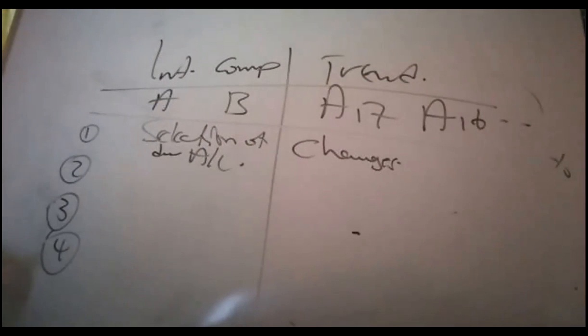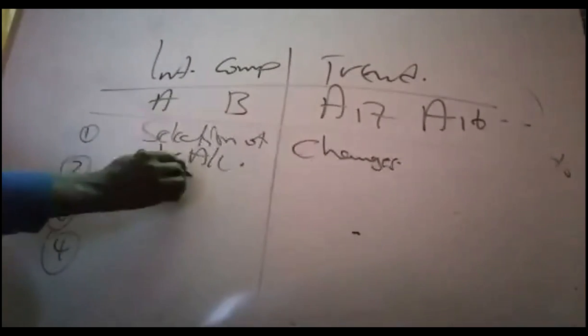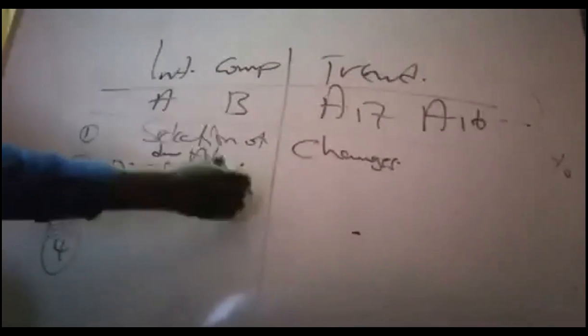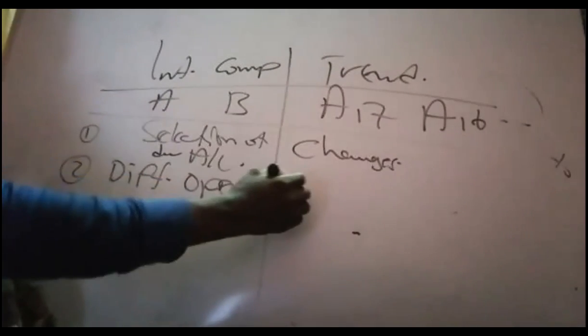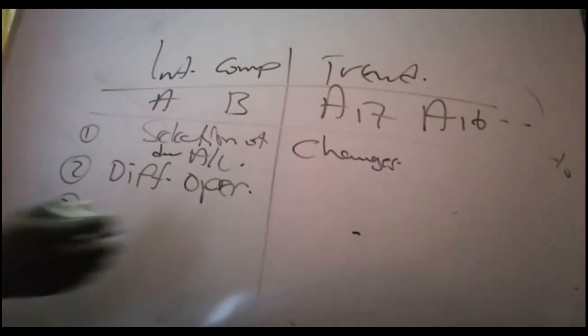Here you can have different operating capacity. Here you can also talk about unique circumstances or exceptional transactions.